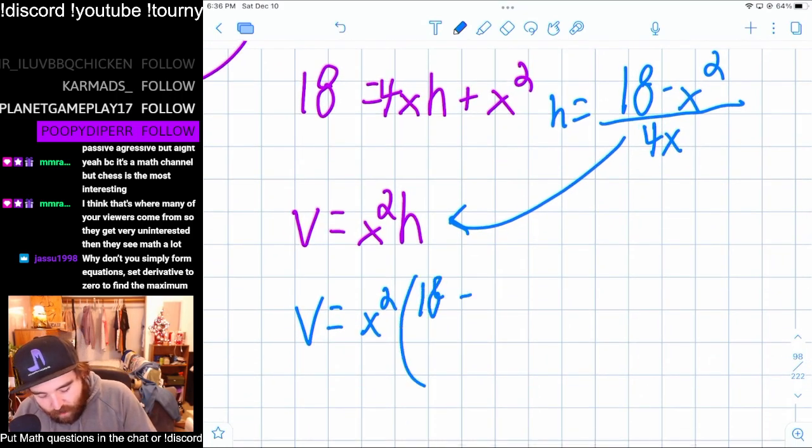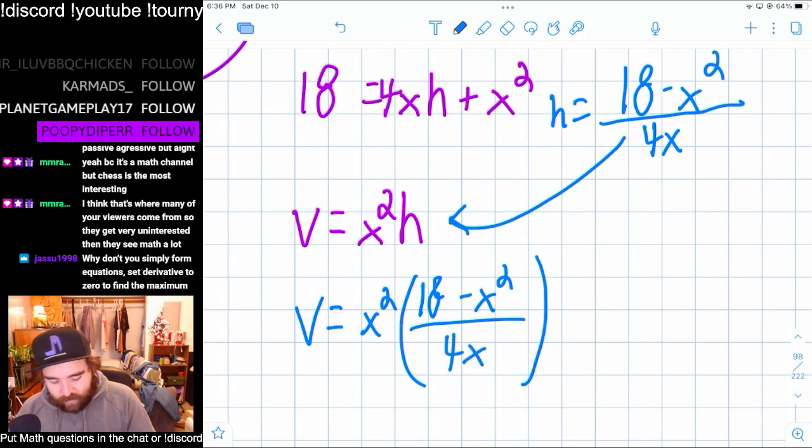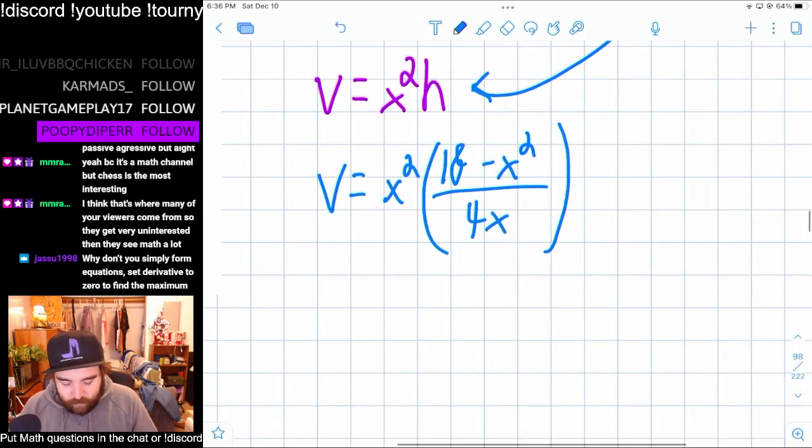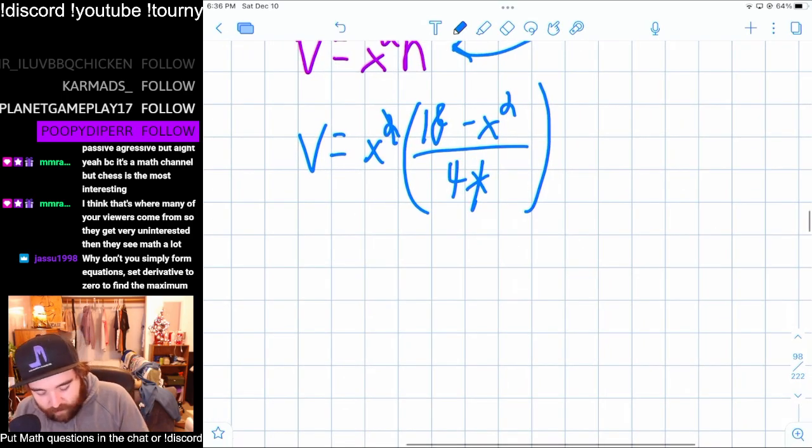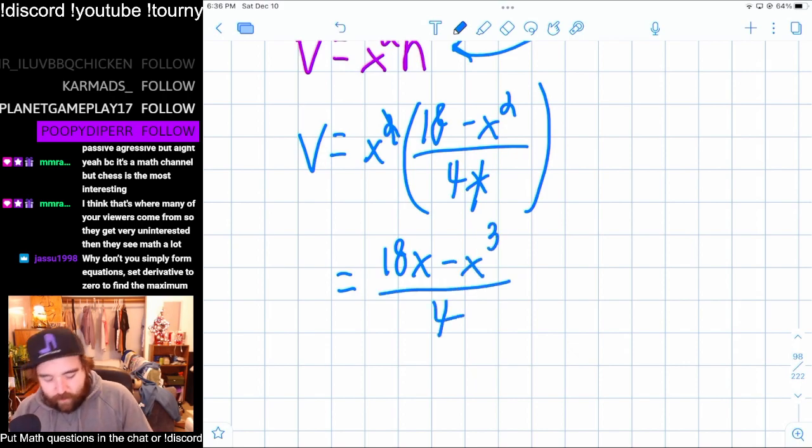And so now we should take the derivative of it. That's the key thing with these, is when you take the derivative, generally you only want to have one variable there. And now before you take the derivative, we definitely should simplify this. And I'm even going to distribute the x. So I have 18x minus x cubed, all of that over 4.